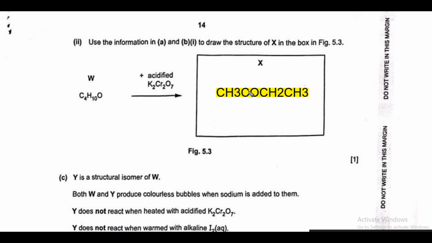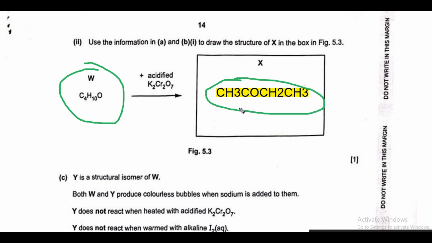So X will be butan-2-one, with 4 carbons. It shows a carbon-oxygen carbonyl group peak, while W shows a hydroxy group peak. W is a secondary alcohol and X is 2-butanone, or butan-2-one.